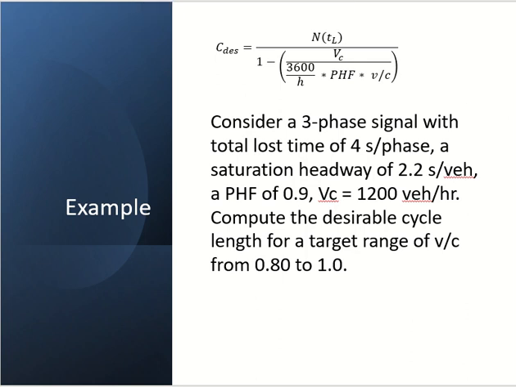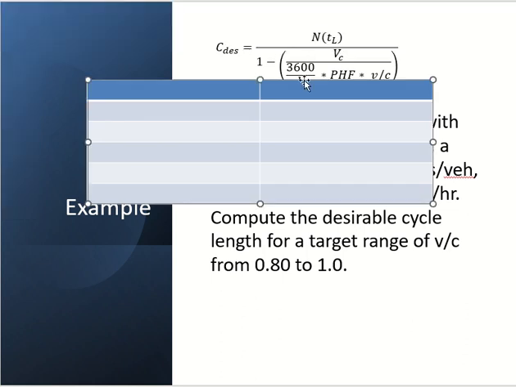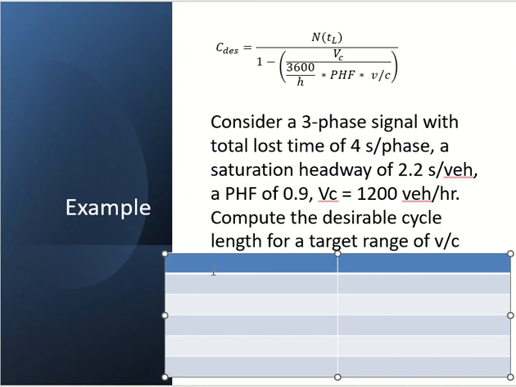So calculate different values of desirable cycle length using different V by C ratios. So V by C can be 0.8, 0.85, 0.9, 0.95 and 1. So what will be my desirable cycle length for each case?